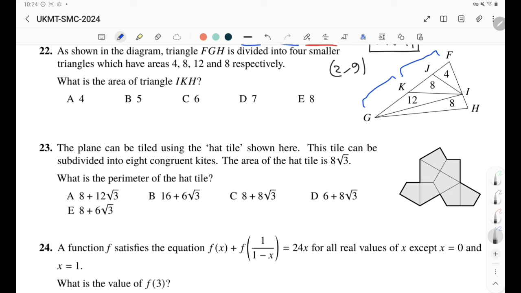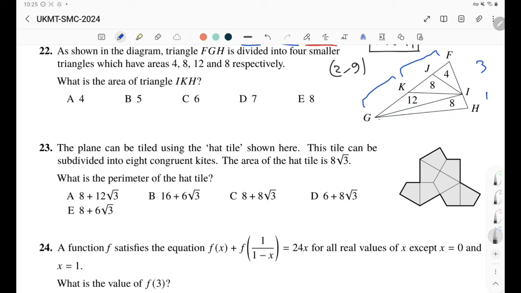Let's see. We want IH, so if we look at this triangle here, we know that this one is 8, and we know that the total is 32. If you divide 8 over 32, it's going to be 1 over 4. So this is 1, and this is 3. So this is actually 1/4.